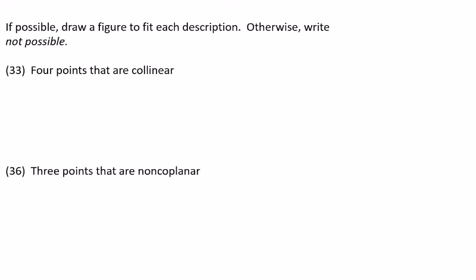So on 33 and 36, if possible, draw a figure to fit each description, otherwise write not possible. So 4 points that are collinear. So 4 points, let's make them A. And actually, maybe an easier way to do this is just draw a line and then draw the points on the line, right? A, B, C. How many points could be collinear?